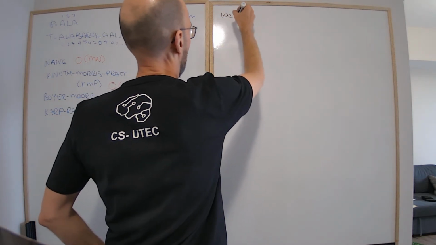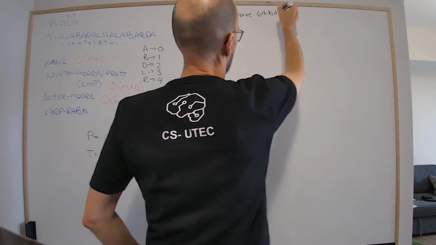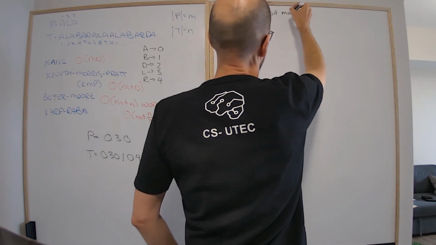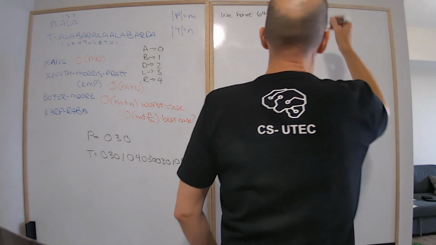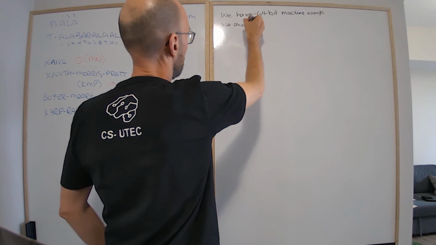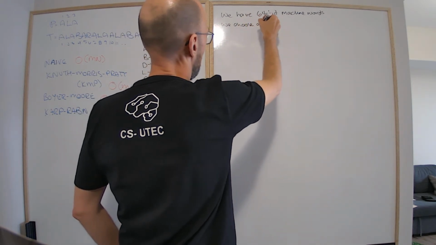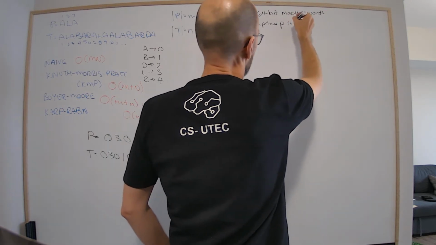So we have 64-bit machine words. We choose a prime P in the range.